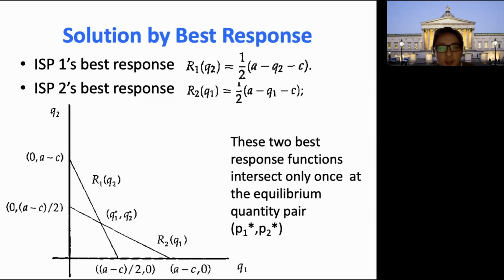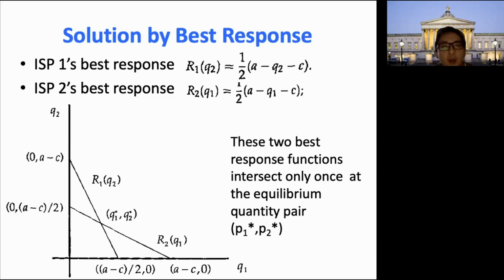In this case you can write down the best response Q1. In other words, this is player one's best response to player two. Looking at the two-agent case, there is also the best response from player two to player one. Those best responses can be plotted by looking at the action space.